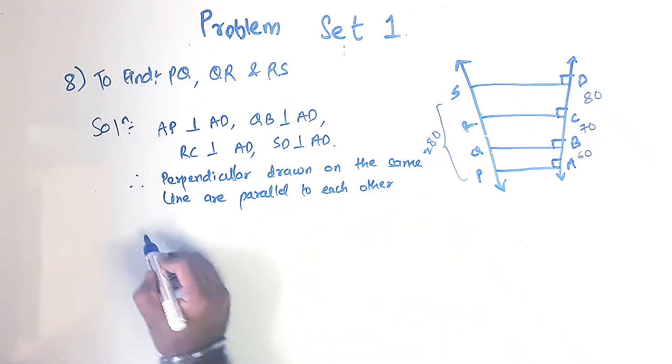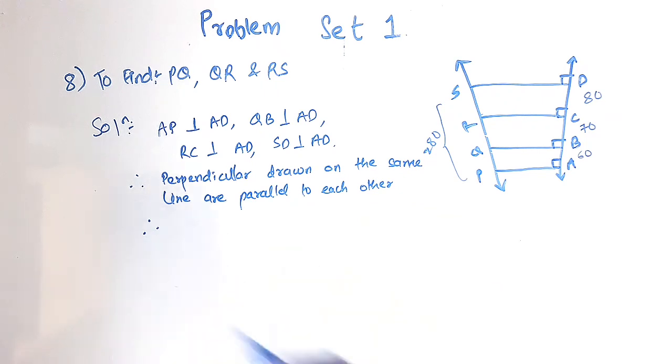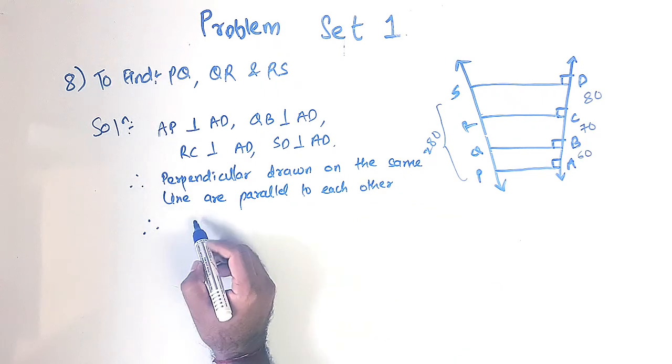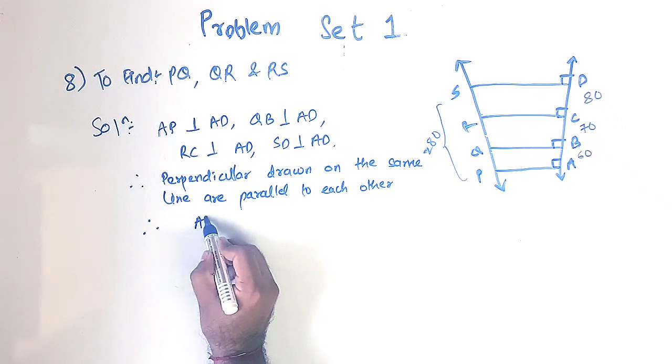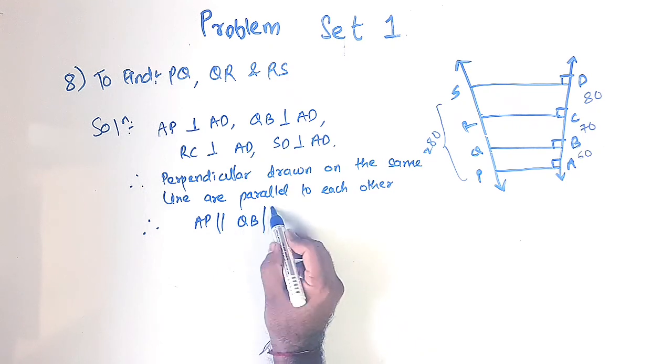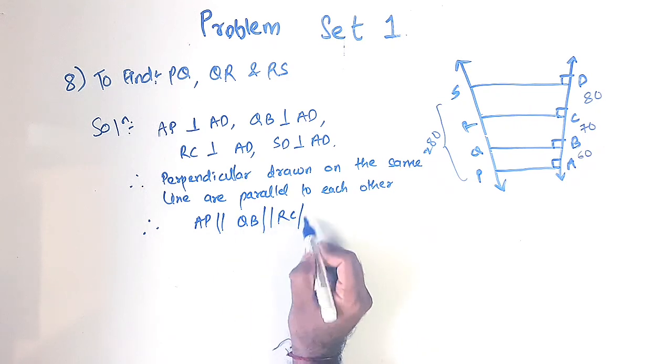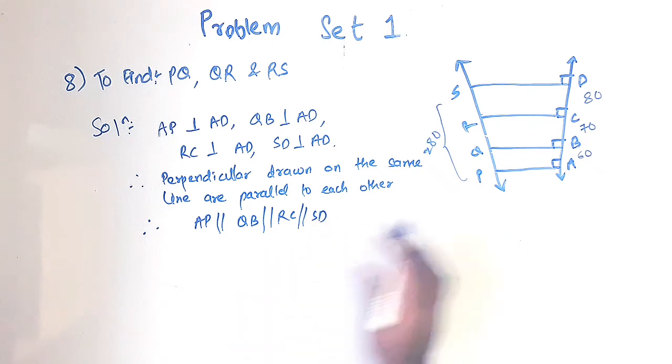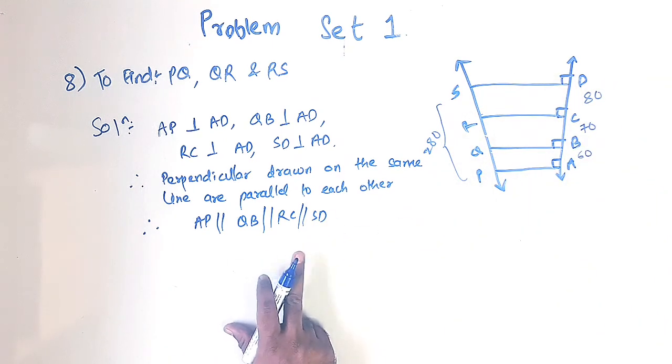Therefore you can see AP is parallel to QB, is parallel to RC, is parallel to SD. All 4 are parallel to each other. This is what we have deduced.